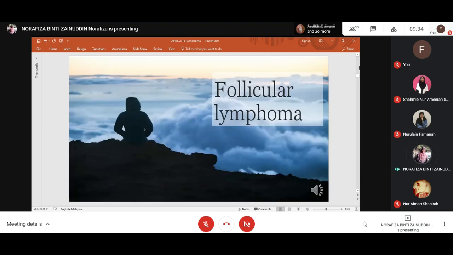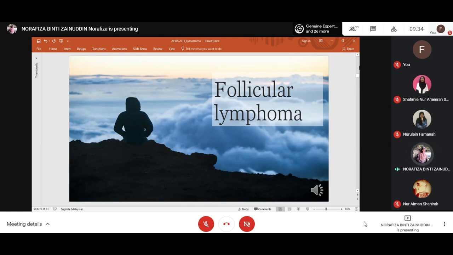Okay, the first NHL is follicular lymphoma that I will explain to you. This type of lymphoma is actually the second most common B cell NHL in the US after diffuse large B cell lymphoma.